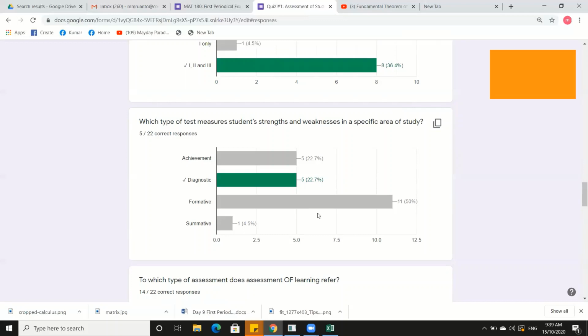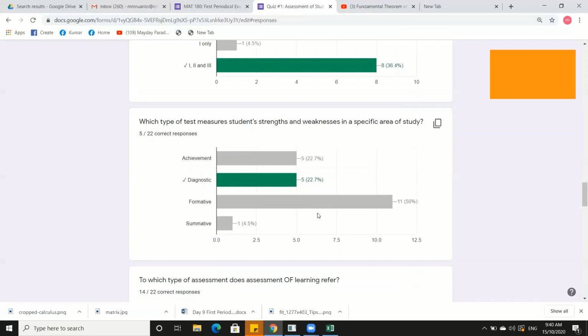An example of an achievement test is periodical exams. Formative is definitely not the answer, since formative is used to adjust instruction. If the students have achieved the learning outcome for the day, the teacher may proceed to another topic.